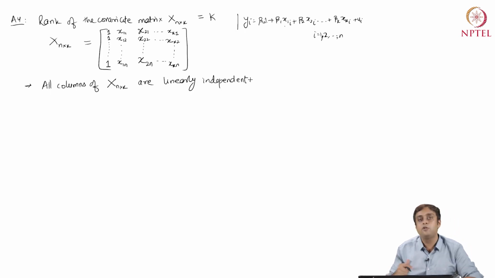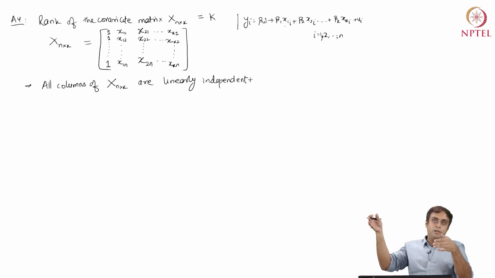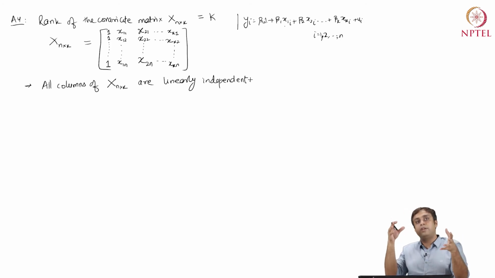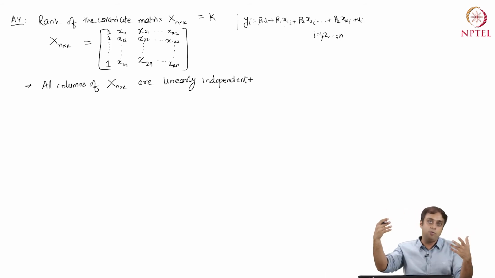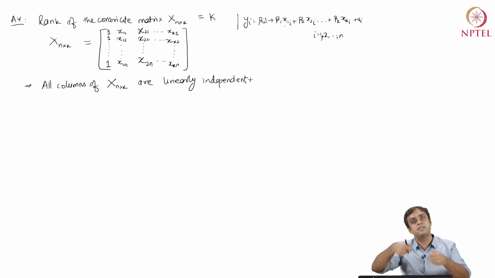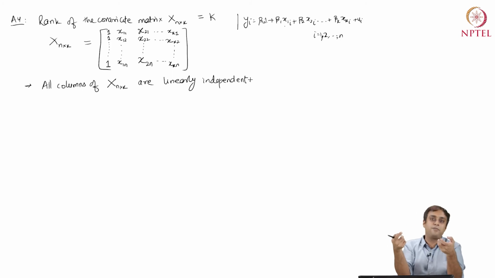That is to say that I do not have superfluous data. If I have, let's say, number of rooms and number of bathrooms, and there is always an attached bath to a room, then including number of rooms and number of bathrooms as separate covariates is a sort of redundancy. So the point of this assumption is there is no redundancy in the data.